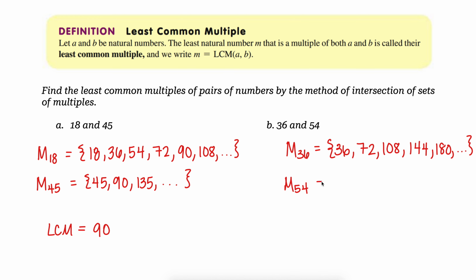Multiples of 54 are 54, 108. I could stop there, but I'll go one more, 162. So I can stop because we have found a number they have in common. Remember, it's that intersection of sets. What do they have in common? The 108. That's the first multiple that they share, so that's our least common multiple.